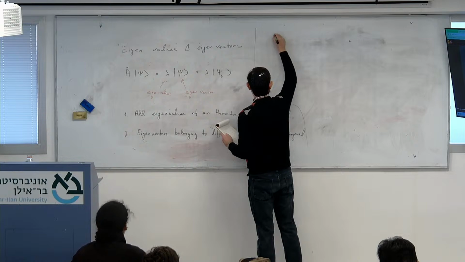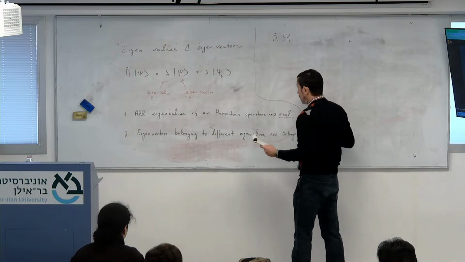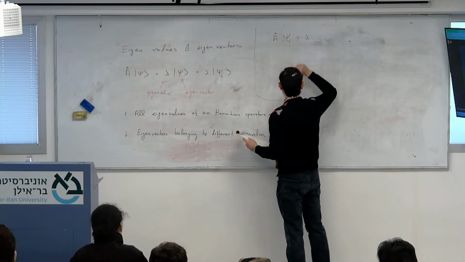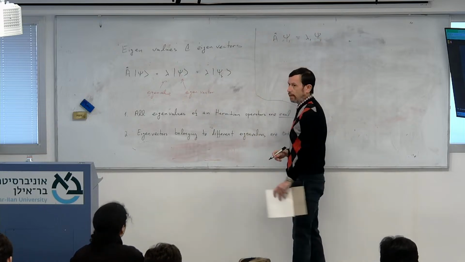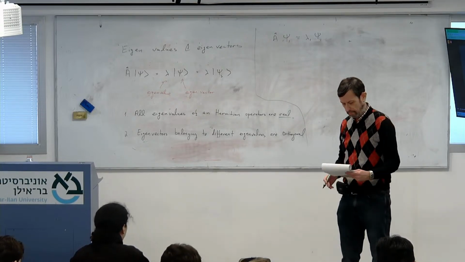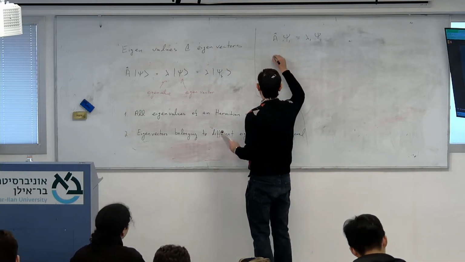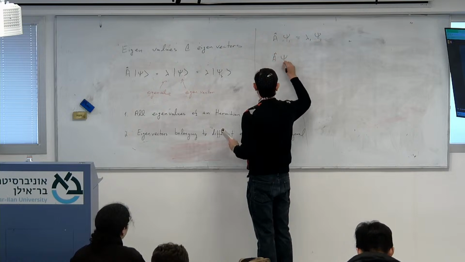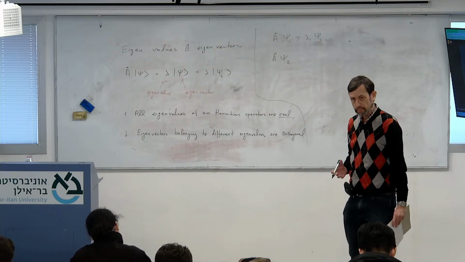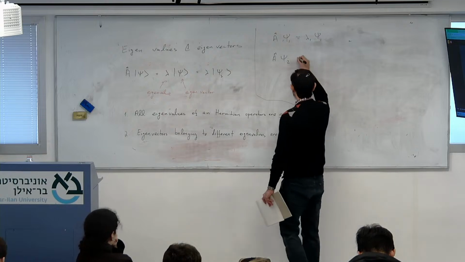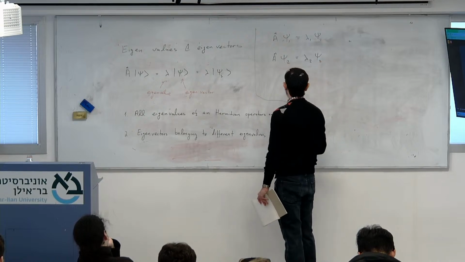Let's take some operator A, operate on the function psi1, and this function is an eigenvector with an eigenvalue lambda 1. Let me operate with the same operator on some eigenvector psi2 with some eigenvalue lambda 2.